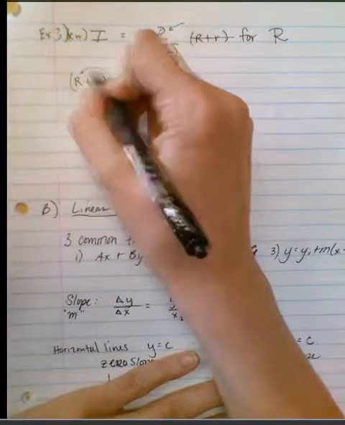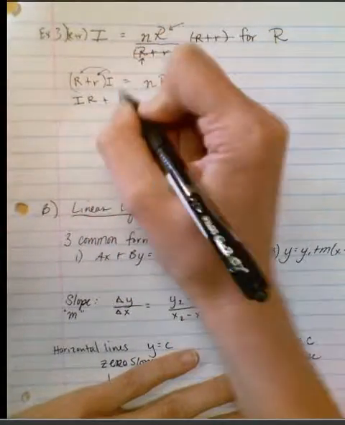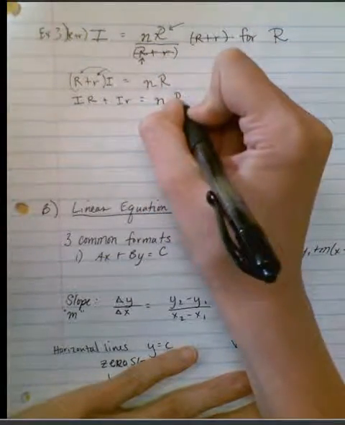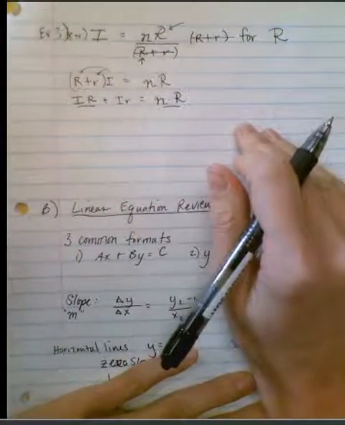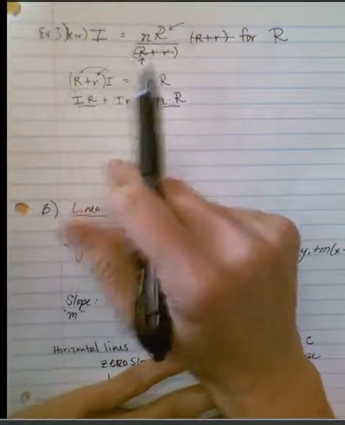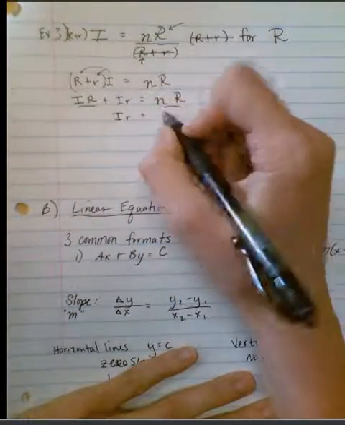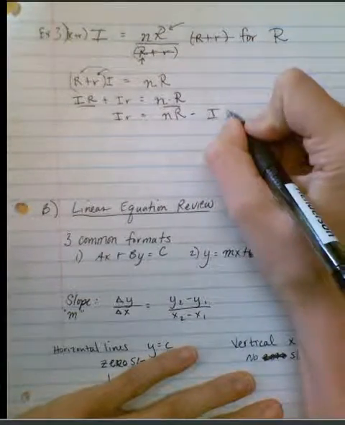I'm going to do that by distributing this I. So I times big R plus I times little r equals n times big R. Well, now I have R and R, so let's try to get all those to one side of the equation and then everything else on the other. So I little r equals n big R minus I big R.